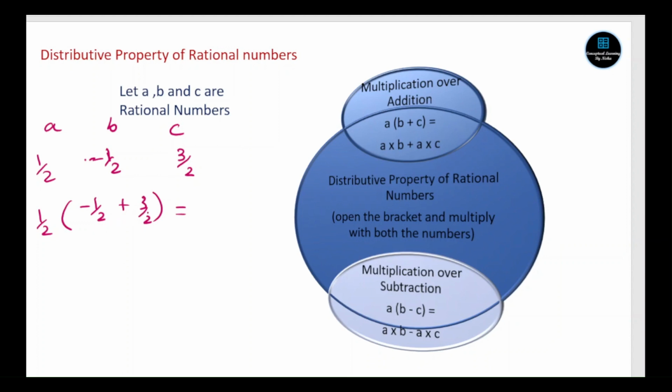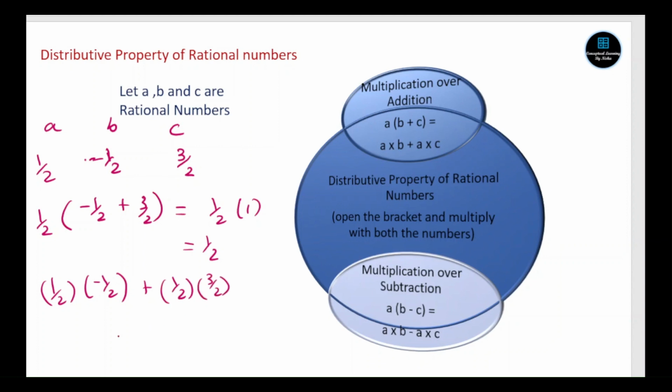If I solve the bracket first, I'll get 1, and 1 into 1 half, I'll get positive 1 half. Now, if I do a into b first, so 1 half into negative 1 half plus 1 half into 3 over 2.